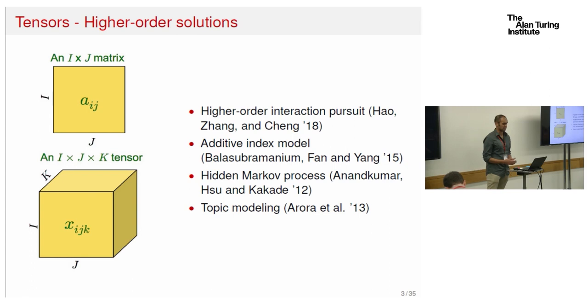So, for example, in higher order interaction pursuit, the index model, Markov processes, topic modeling, and many other algorithms, you often store your data as a tensor before you run the algorithm. So both in terms of tensors appearing as multi-way data and being used as inputs to algorithms, tensors are becoming a more and more popular area of study.